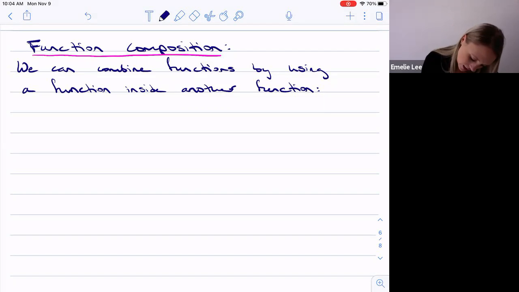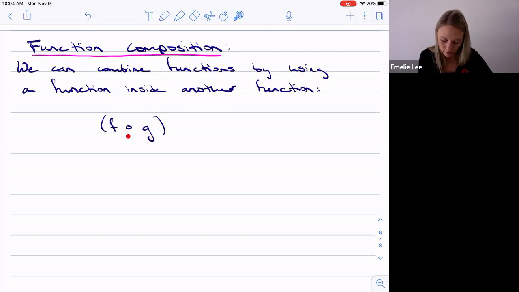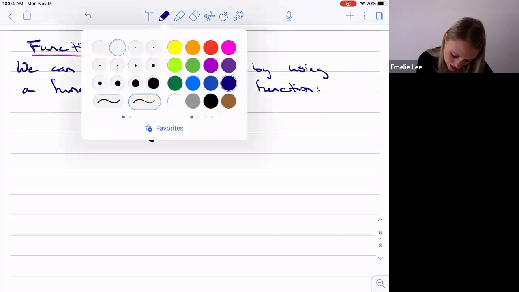So what we do is we denote it by f and then a round circle. So it looks like fog, right? But really how we read this is f composed with g.